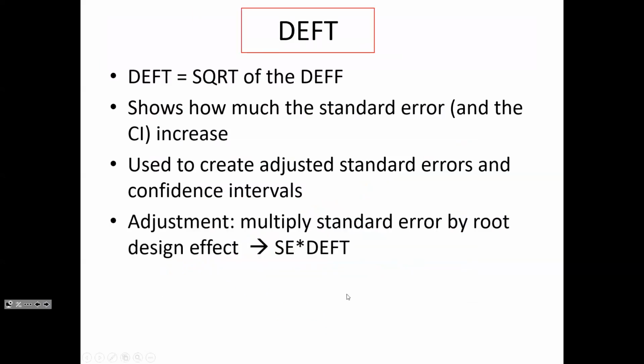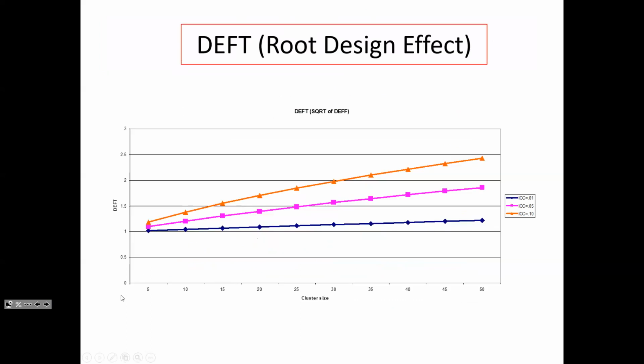Again, the root design effect is just the square root of the design effect. It tells you by how much you should be correcting the standard error. This is a review of things we talked about in week 1, but they come into play again because these are all the same kinds of ideas.